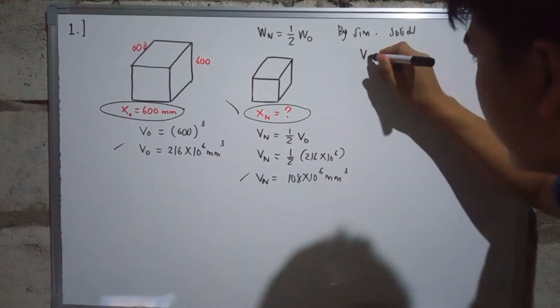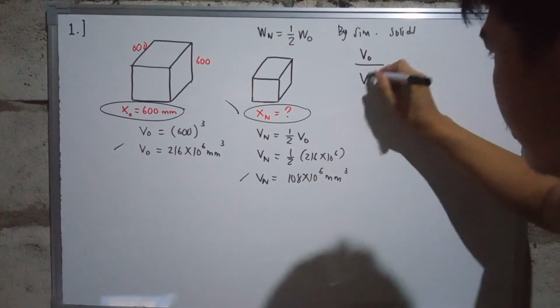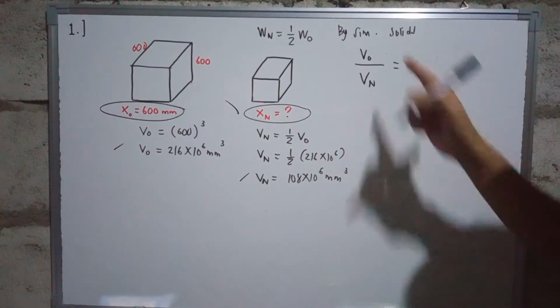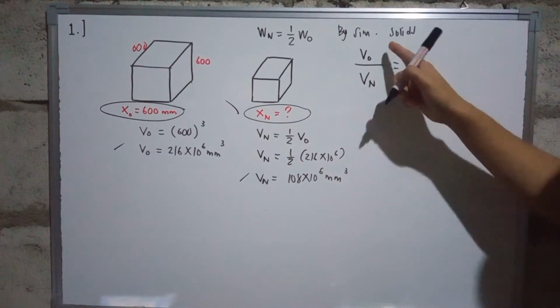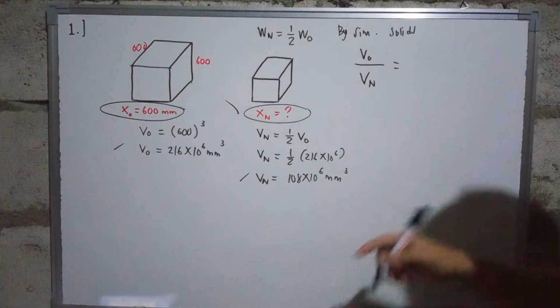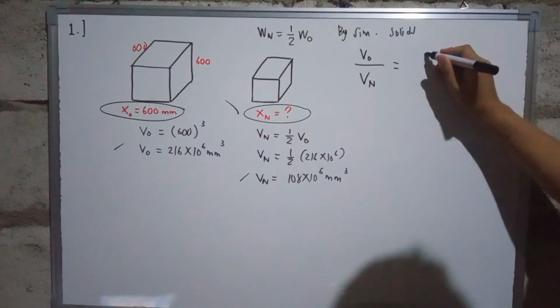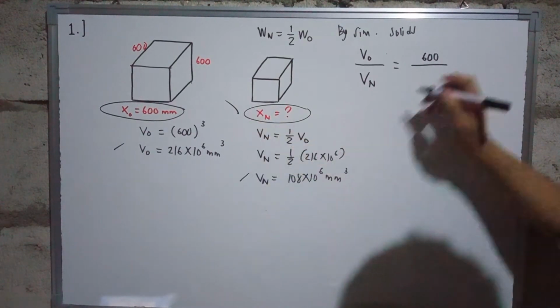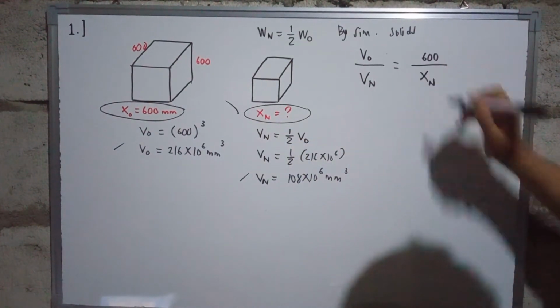So, yung volume original natin, all over volume ng bagong cube natin. Since nauna si volume original, yung side ni volume original dapat nasa numerator din. So, yung 600 all over yung hinahanap natin, which is x sub n.